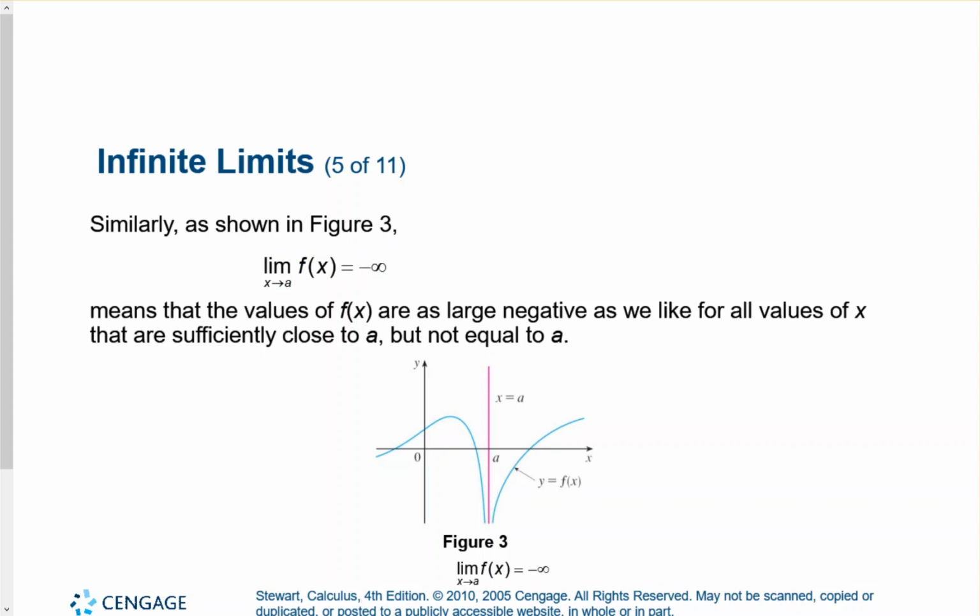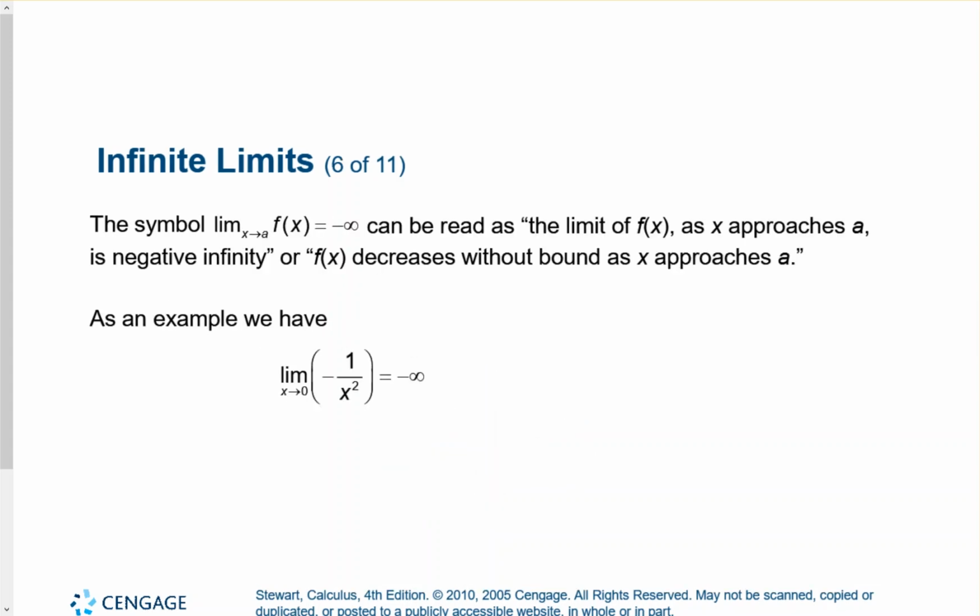This implies that values of f of x are getting very large in the negative direction as the function gets closer and closer to a. Symbolically, the limit as x approaches a of f of x is equal to negative infinity. Another way to say it, f of x decreases without bound as x approaches a.